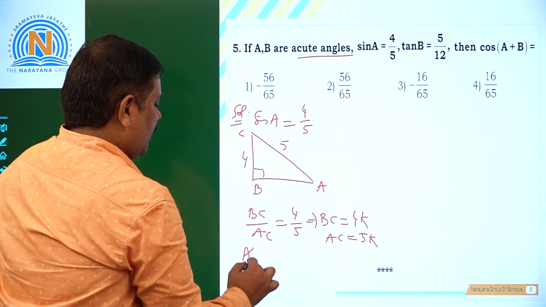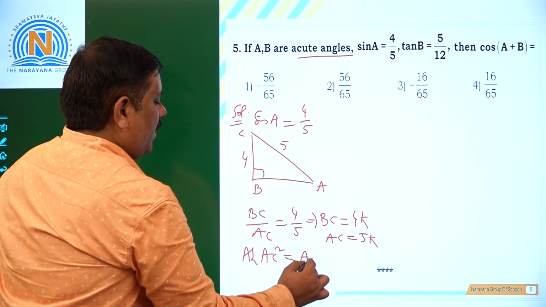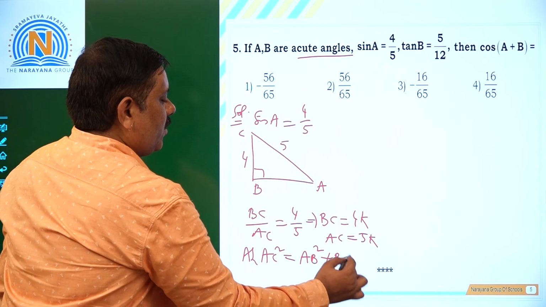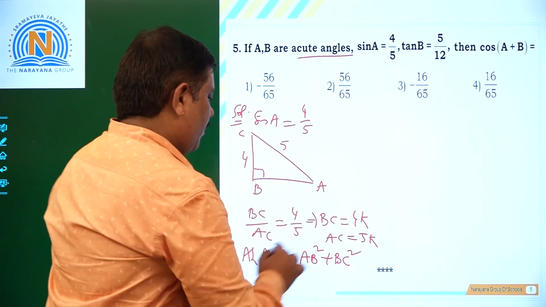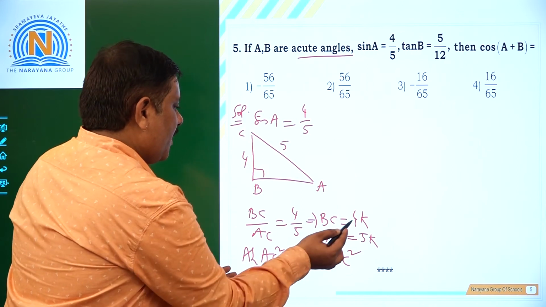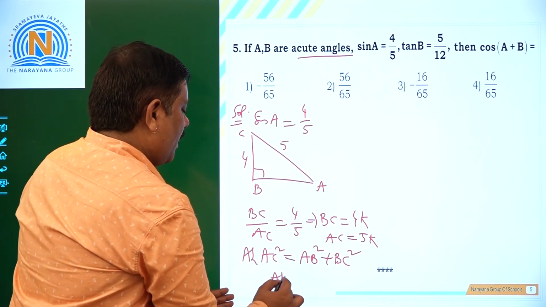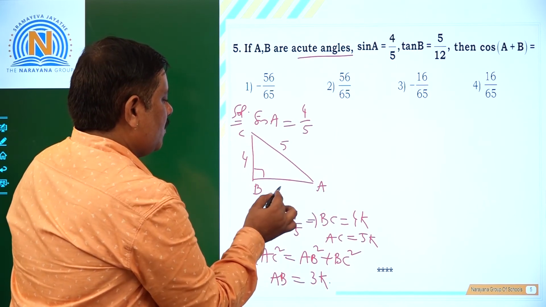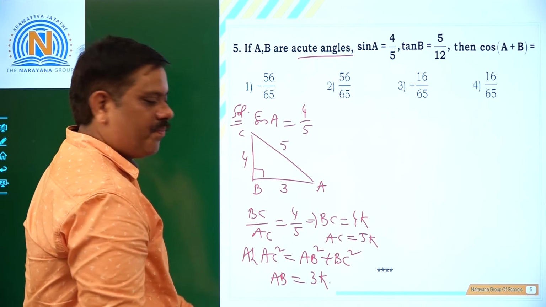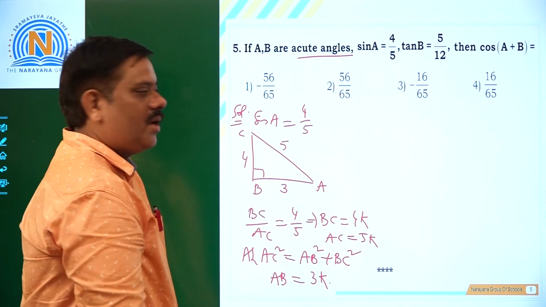As AC square is equal to AB square plus BC square. How can you say that? As it is a right triangle, we can make use of the Pythagoras theorem. If you substitute the values, AB will be 3K. So you can take this value as 3.